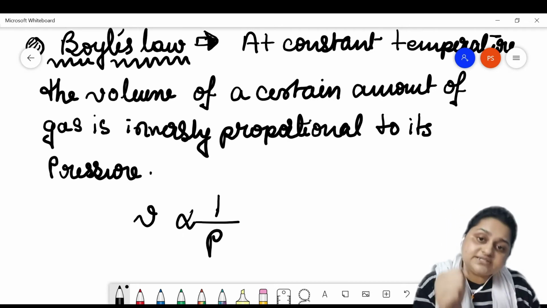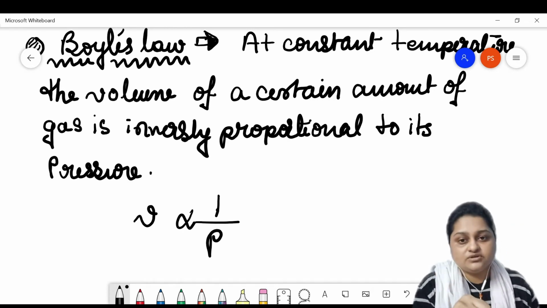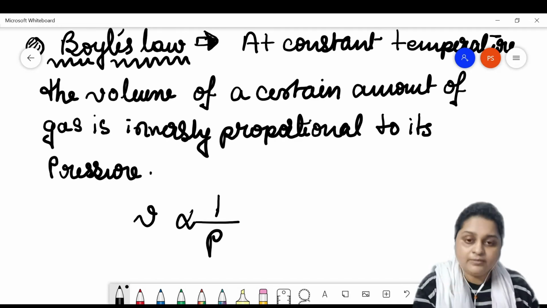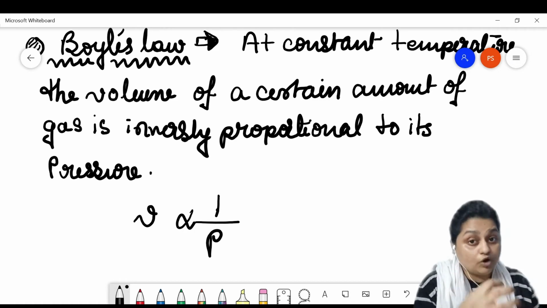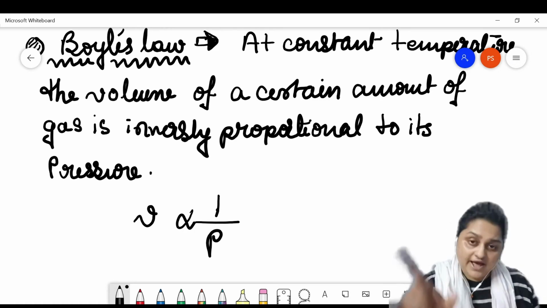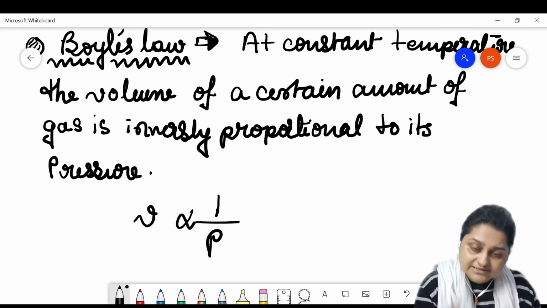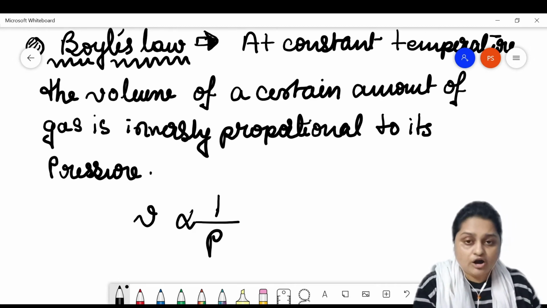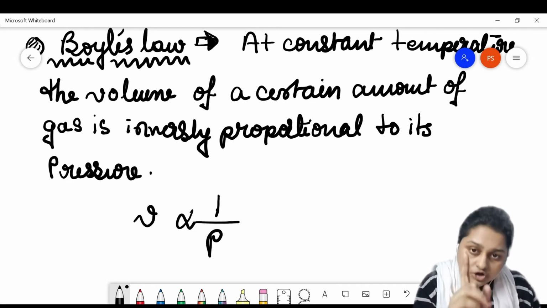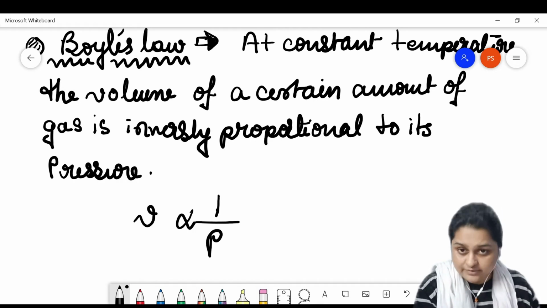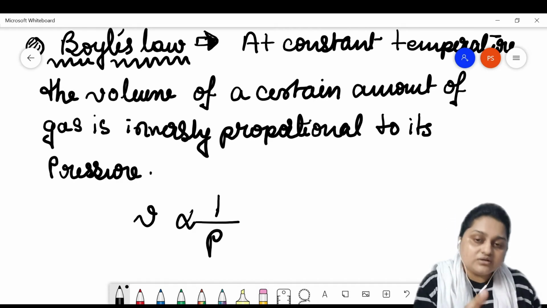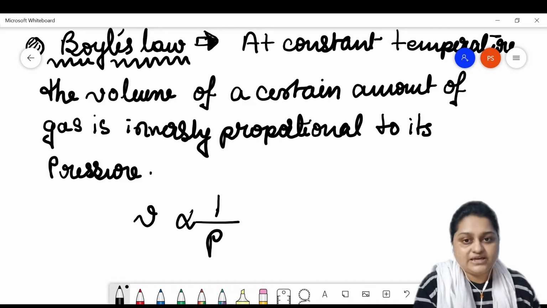If you increase the pressure on a certain amount of gas in a closed environment at constant temperature, the gas will contract, and its volume will decrease. And if you decrease the pressure on a certain amount of gas in a closed environment at constant temperature, the gas will expand.